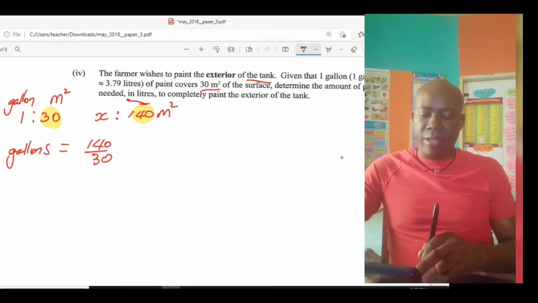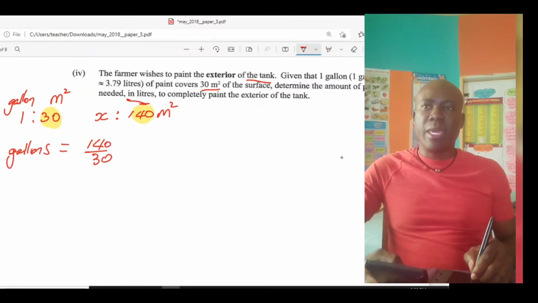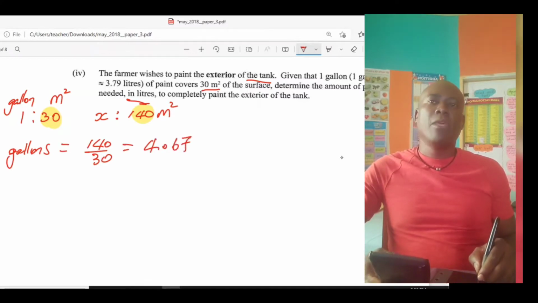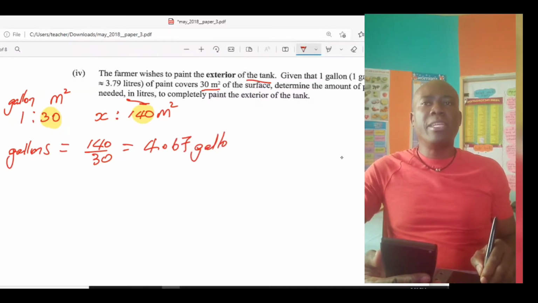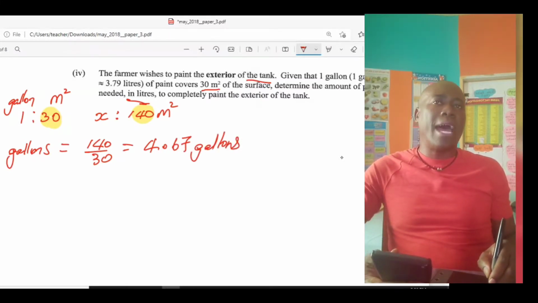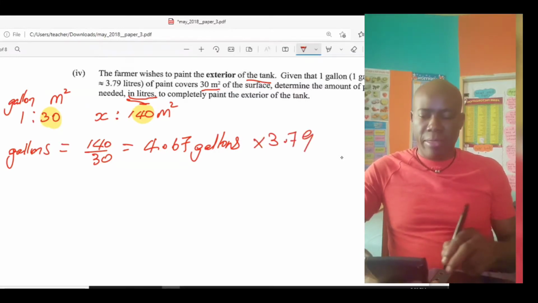And that is going to give me 4.67. So 4.67 gallons would have been needed. But the question wants the answer in liters. So we're going to multiply. 1 gallon gives me 3.79, so I'm going to multiply this answer by 3.79.